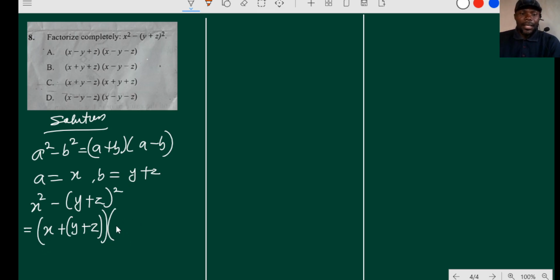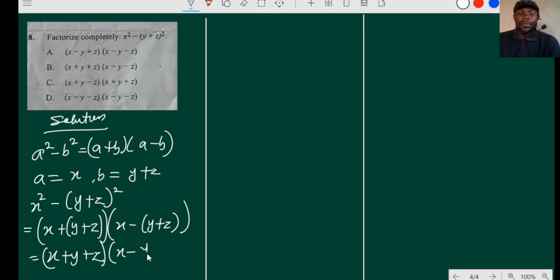So just rearrange, you have x plus y plus z and x minus y minus z.